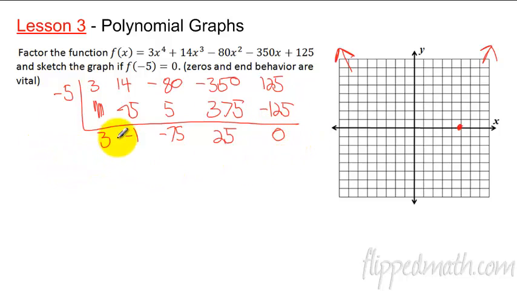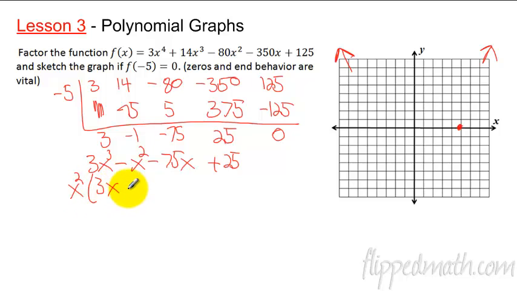Okay, so then we have 3x cubed minus x squared minus 75x plus 25. So now we're going to continue to factor this. This is another factor by grouping. I did not mean to give you so many of those. x squared times 3x minus 1, and then what can we pull out here?